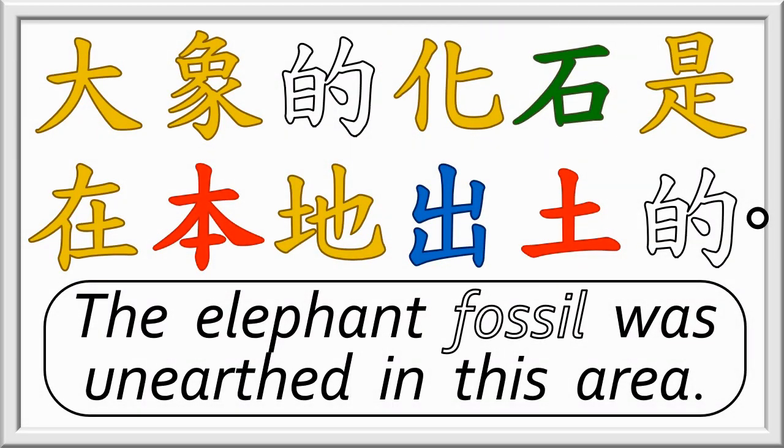A fossil is 化石, literally petrified, changed into stone. 大象的化石是在本地出土的。The elephant fossil was unearthed in this area.